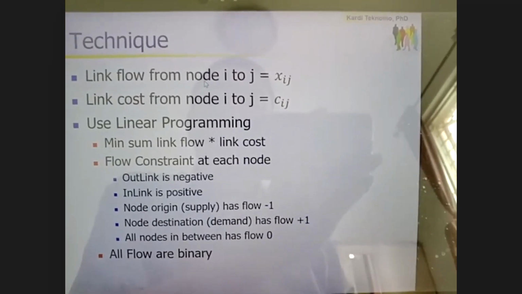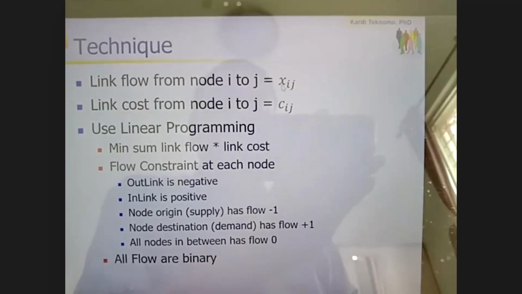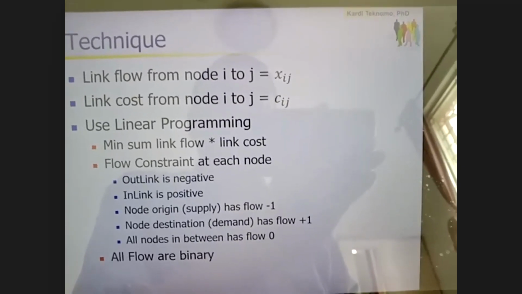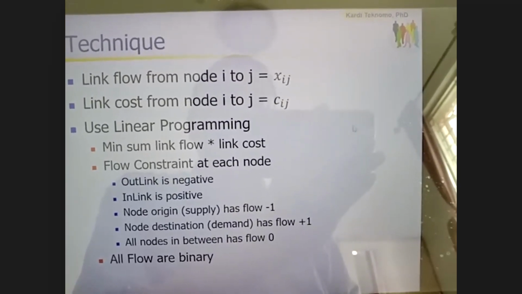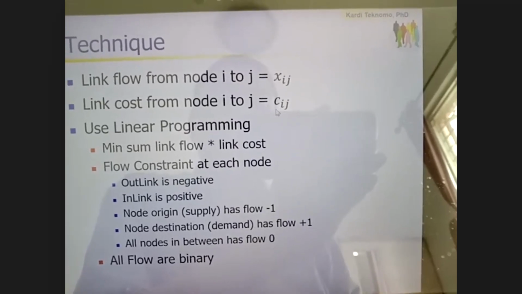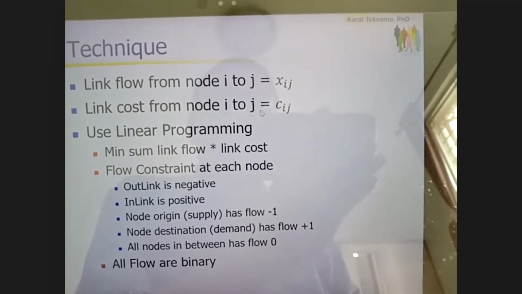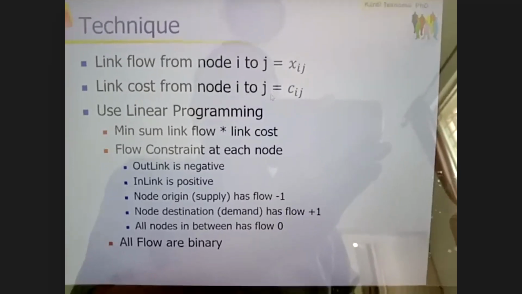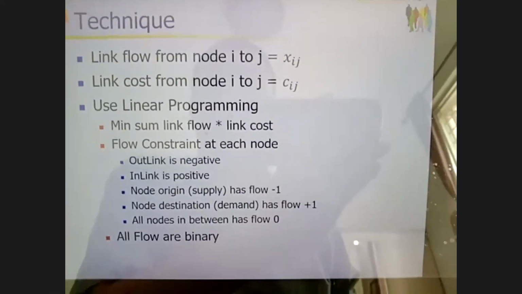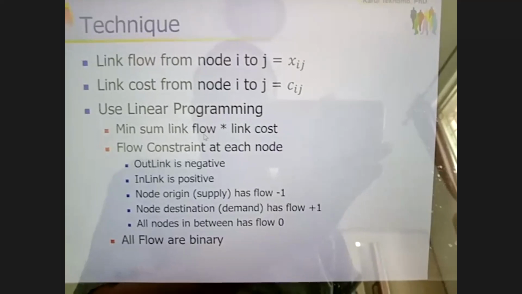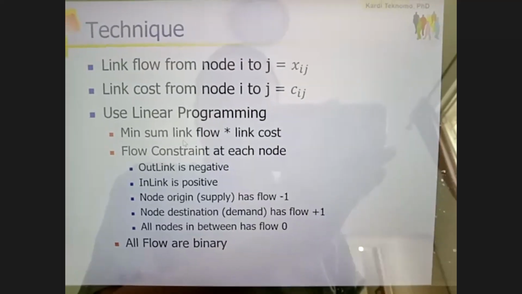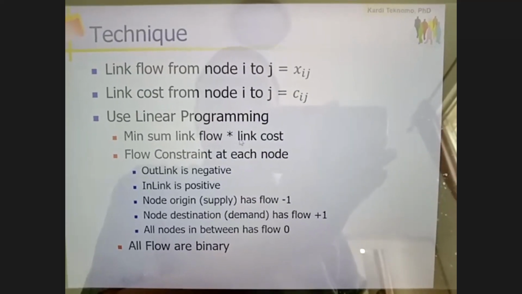So you have a link flow, which we call X, and then we have a link cost, which we call Cij. Okay, ij here means the node i to node j, and then we do a linear programming to minimize the sum of link cost times the link flow.